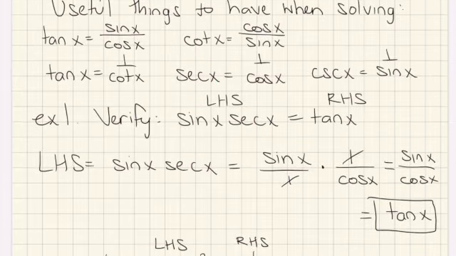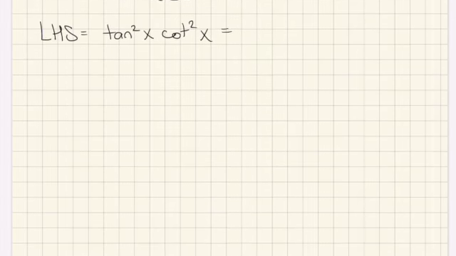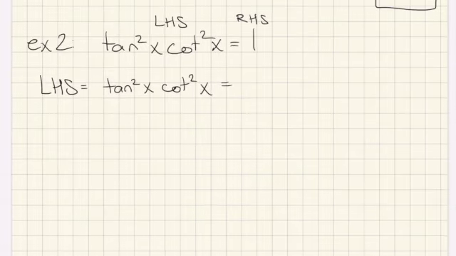So first off, we will be focusing on tangent squared of x, which is equivalent to sine of x over cosine of x. Although this is squared, so we will be having this squared as well.